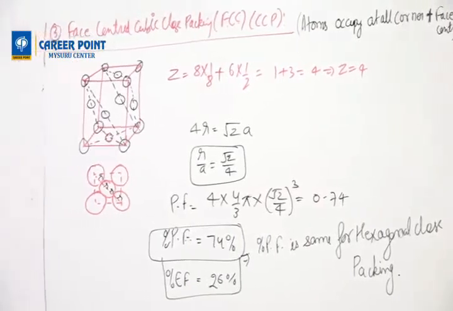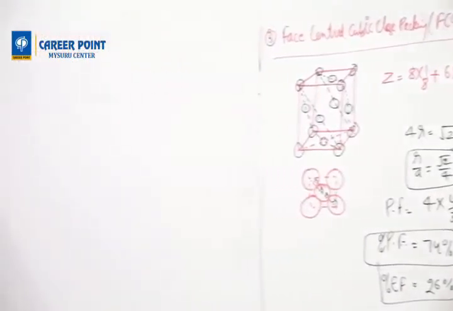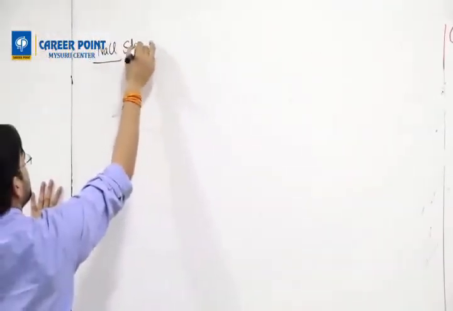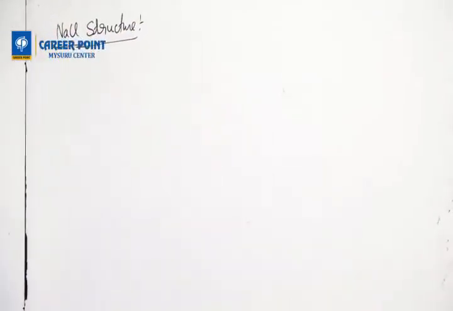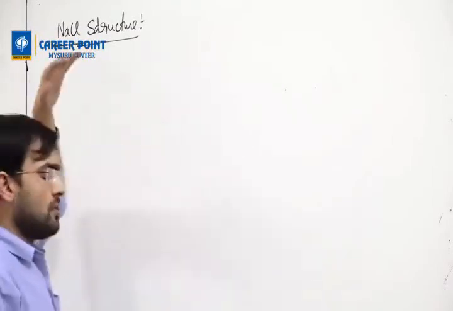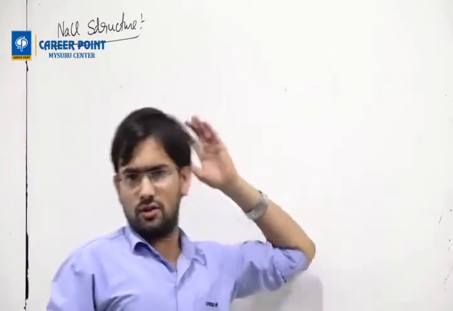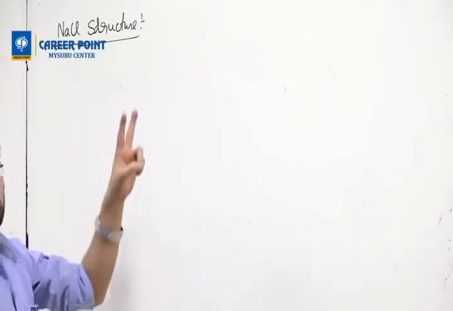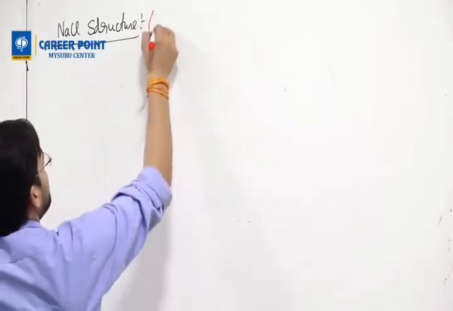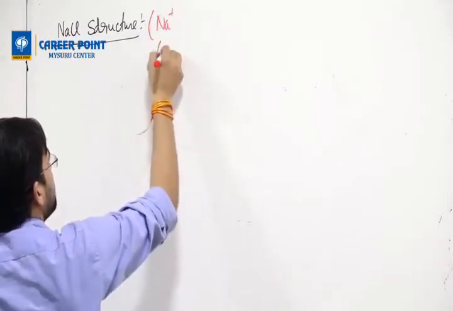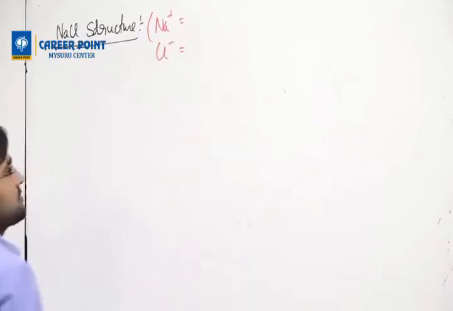The first and only structure we will do is the NaCl structure. Whenever you want to draw the NaCl structure, you always need to memorize 2 things: where Na plus comes, and where Cl minus comes.